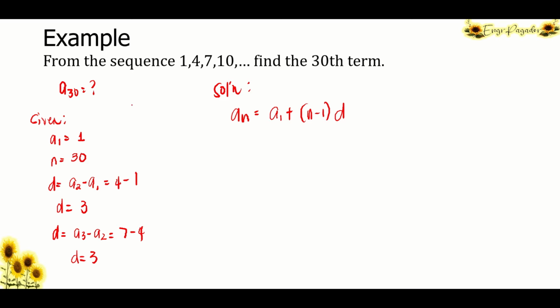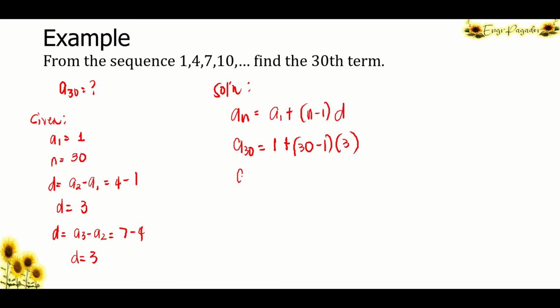From the given parameters, okay, so ang hinahanap natin is the 30th term, which is si a sub 30. And then this will be equal to a sub 1. A sub 1 natin is the first term, that is equal to 1, plus n natin is the number of terms, which is 30 na inassume natin. So 30 minus 1, and then the common difference times 3.